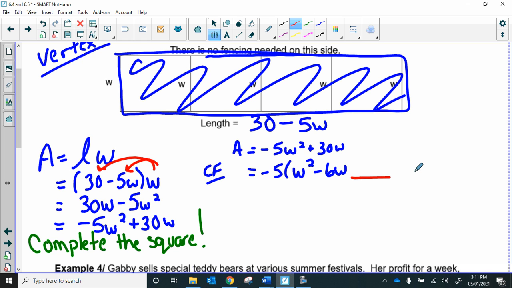And I need this third term to make my perfect square, because that's how I'm going to complete the square. So how do we find that third term? Well, we take the b term, we divide it by 2 and square it. Negative 6 divided by 2 is negative 3. Square that, you get positive 9. So I'm going to add 9, but then I have to subtract 9.